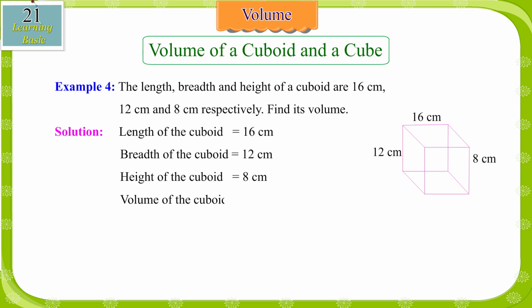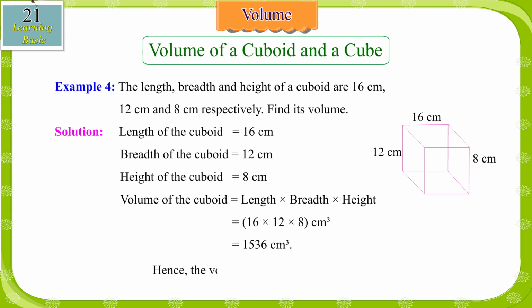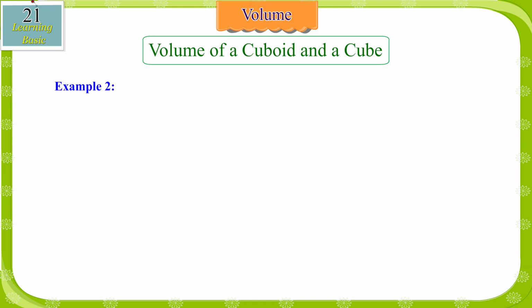Volume of the cuboid is equal to length into breadth into height is equal to 16 into 12 into 8 centimeter cube is equal to 1536 centimeter cube. Hence, the volume of the cuboid is 1536 centimeter cube.